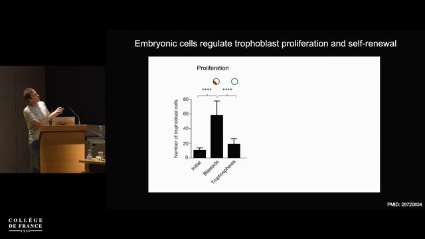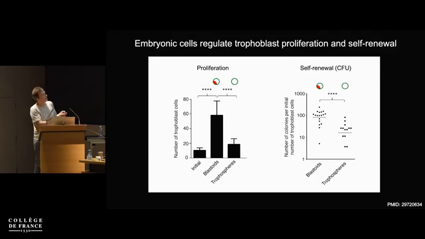So the first thing that we do, of course, is to check the original hypothesis from Cope and Tanaka. And indeed, in the presence of the embryonic cells, the number of trophoblasts is increasing, so they are proliferating. In their absence, they don't. So clearly, those cells are inducing the proliferation of the trophoblast. And a second function that we looked at is self-renewal. So we can pick single trophoblasts from blastoids and trophospheres, put them in 2D, and see if they can form a colony.